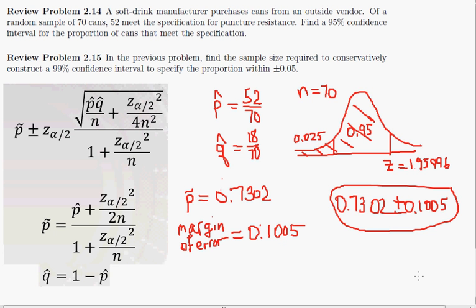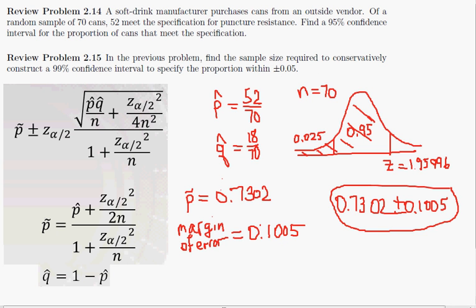For problem number 15, we have a new question, which is this margin of error is actually quite large, 10%. And it's quite large because we had a relatively small sample size of 70. So how big does the sample size have to be to have a 99% confidence interval that has a margin of error within 0.05? For that, we have a different formula.